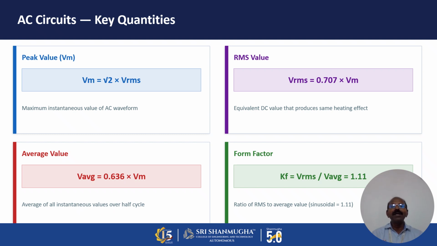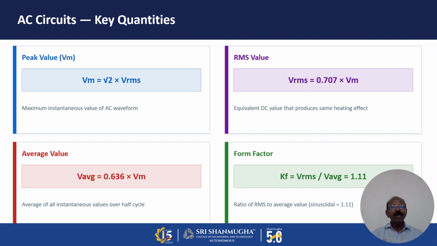Then how to calculate the average value? For example, we know Vmax. To calculate V average, you have to multiply 0.636 into Vmax. So that is the average value.